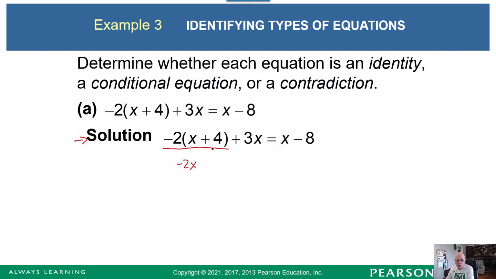Negative 2 times 4 is negative 8. And then we'll copy the rest because nothing else needs done right now. The next thing to do is combine these x's on the left side. That'll give us a minus x minus 8 equals x minus 8.